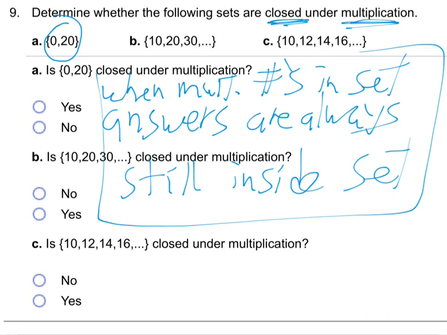That's what it means to be closed. They don't get out of the room, so to speak. They don't get out of the set. The door is closed, they're contained in there.